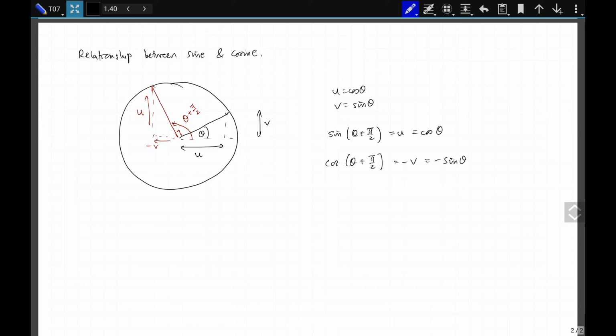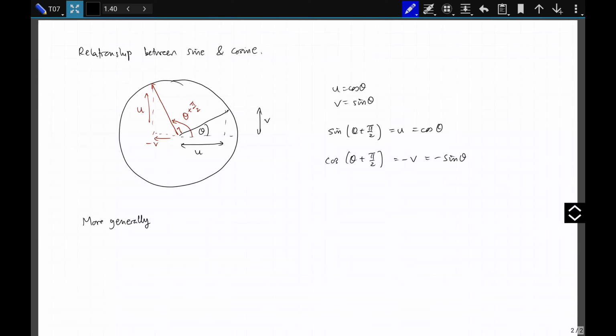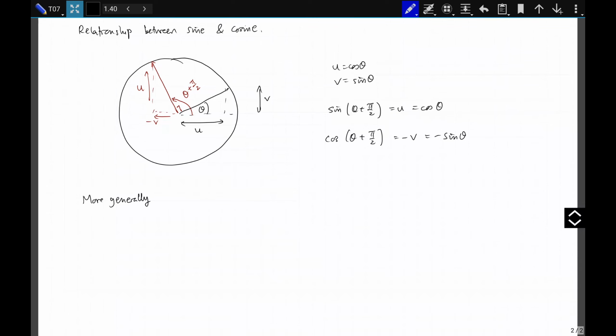More generally, here we considered adding pi by 2 to an angle. We can add any angles together. We have sum of angles formulae, which we'll discuss how to get when we do complex numbers.